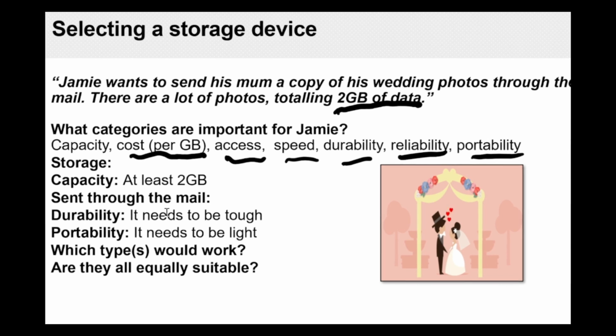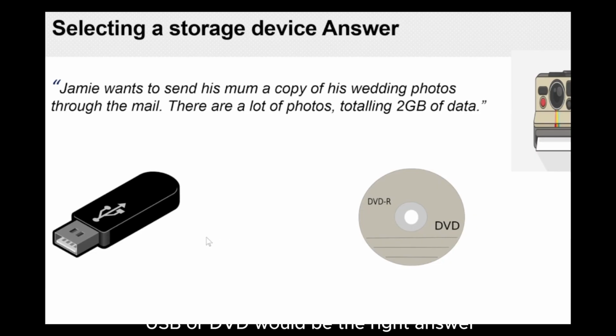So it needs to be tough, it needs to be light. Which type would work? In this case, if I was you, I would pause the video and think before you look at the answer. In this case, a USB or a DVD would be the right answer. The USB can handle 2 gigabytes of data.